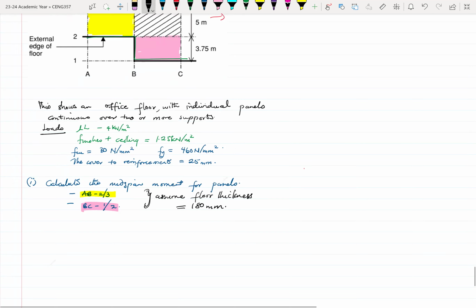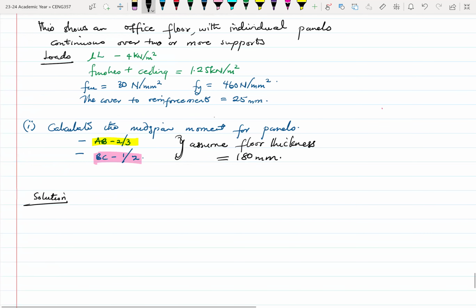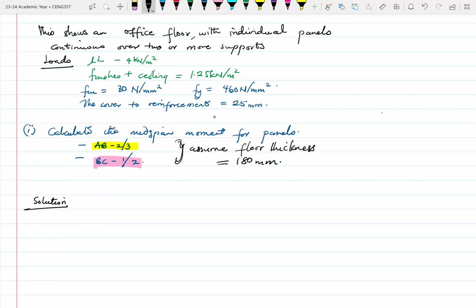So let's look at the solution. Let's look at Ly over Lx. We are looking at panel A, B, 2, 3.